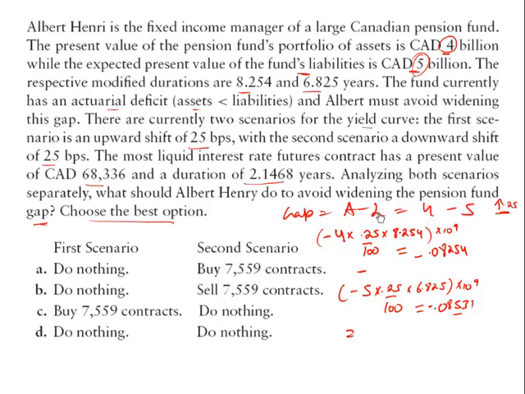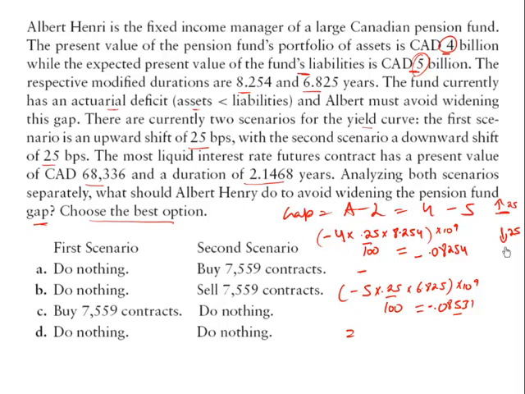Assets also fall, but fortunately liabilities fall more. If interest rates had gone down by 25 basis points, the situation would have been exactly the opposite. The numbers would have remained the same. This would have been plus and this would have been plus.